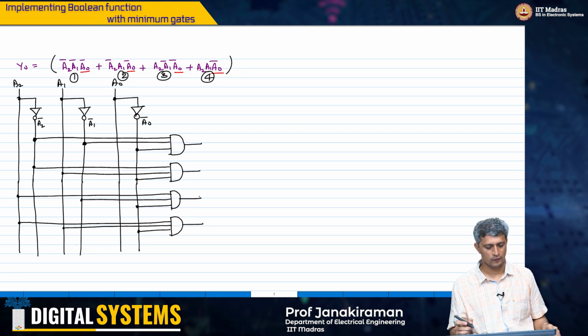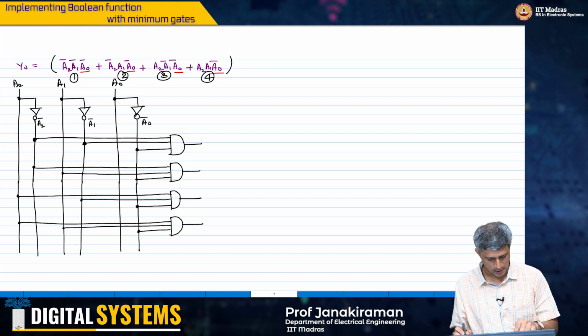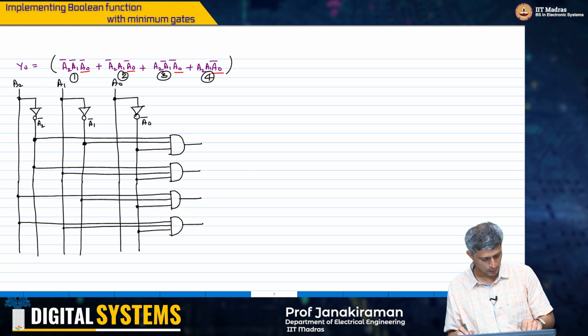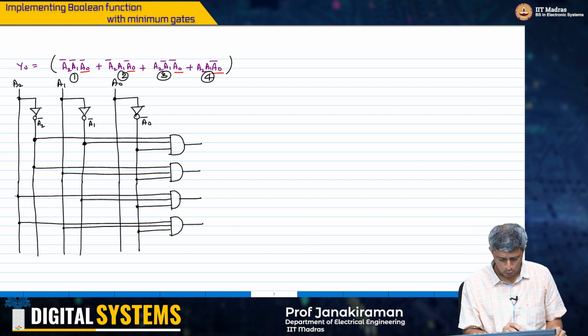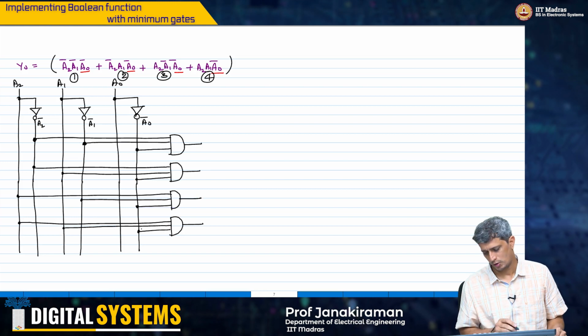So I have A2 bar, A1 bar, A0 bar, the first minterm, A2 bar, A1 and A0 bar, the second minterm, A2, A1 bar, A0 bar, the third minterm, A2, A1 and A0 bar, right?